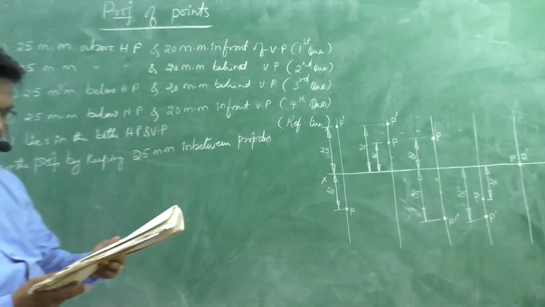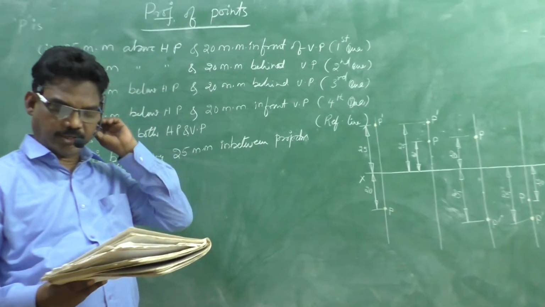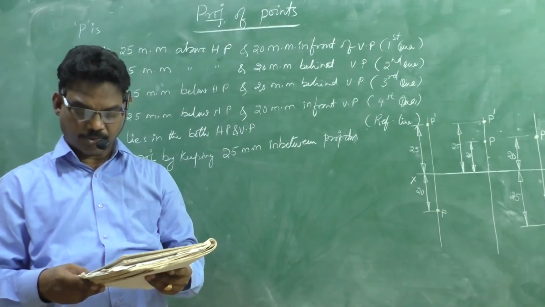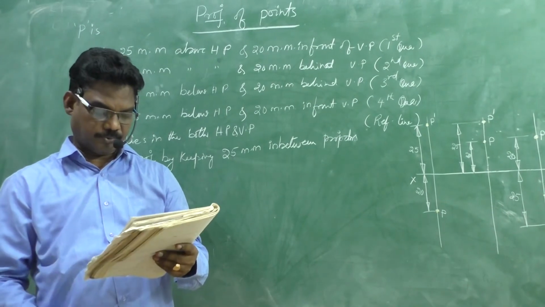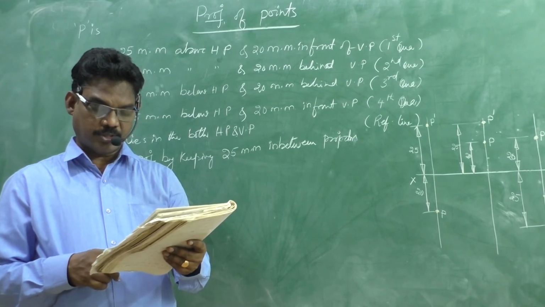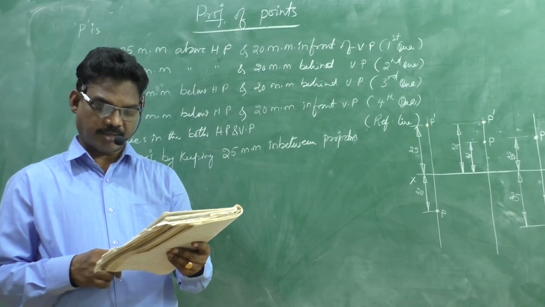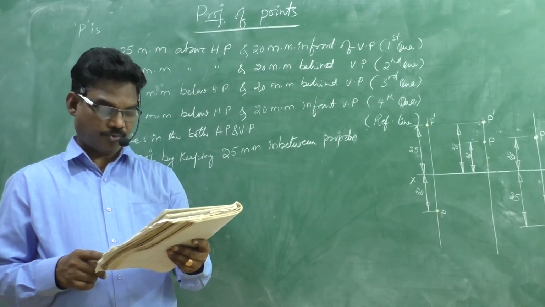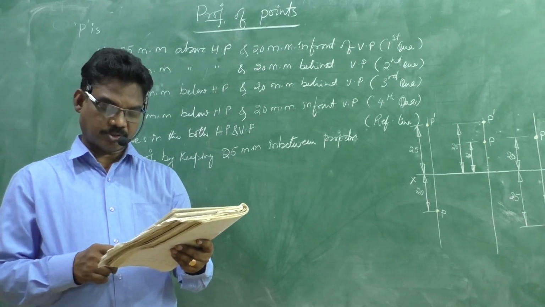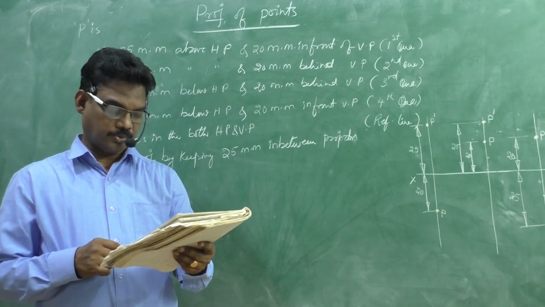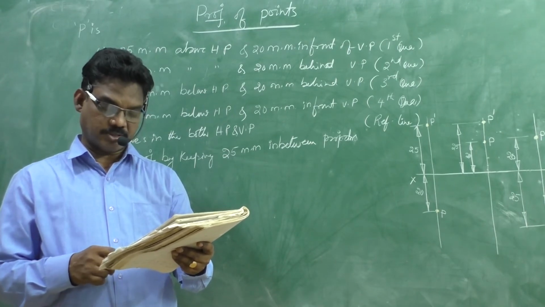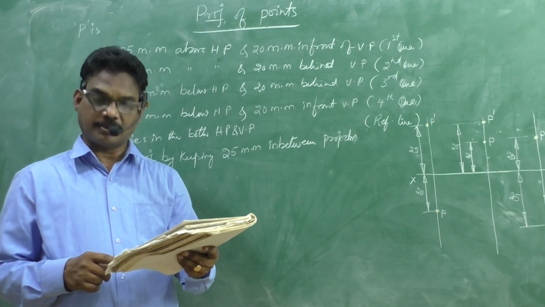A point P is 15 mm above HP and 20 mm in front of VP. Another point Q is 25 mm behind VP and 40 mm below HP. Draw the projections of P and Q, keeping the distance between their projectors equal to 90 mm.